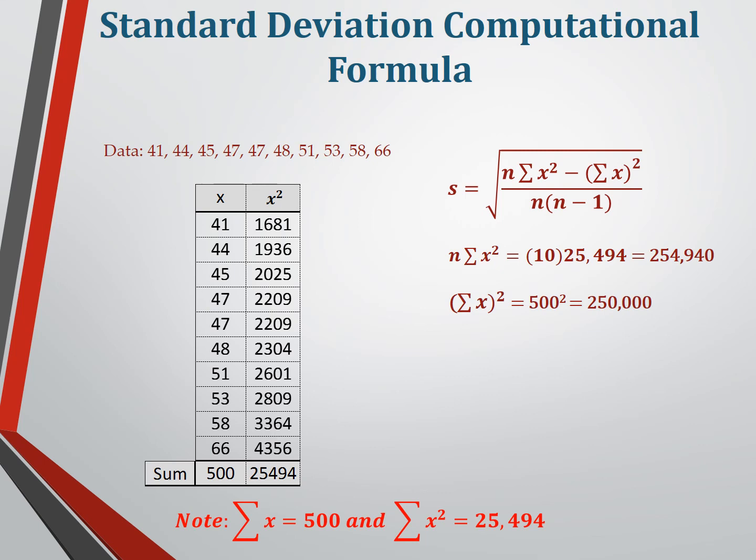Sum of x, remember the sum of x is 500, we must square it. 500 squared is 250,000. When we plug it in the formula, we have s, the sample standard deviation, equals square root 254,940 minus 250,000 over n times n minus 1, which is 10 times 10 minus 1, which is 10 times 9, which is 90. So we have the square root of 4,940 over 90, which once again, when rounded to one decimal place, comes out to be 7.4.